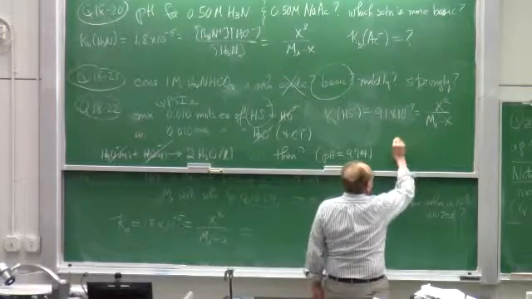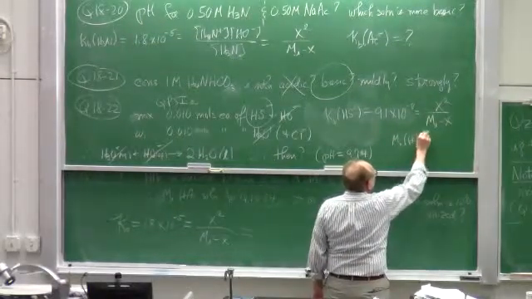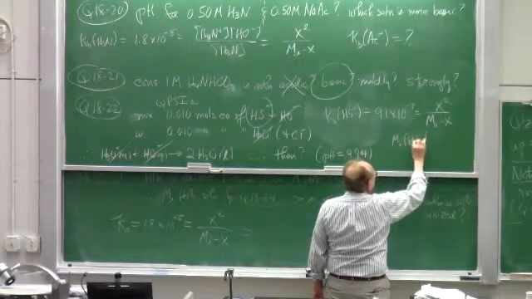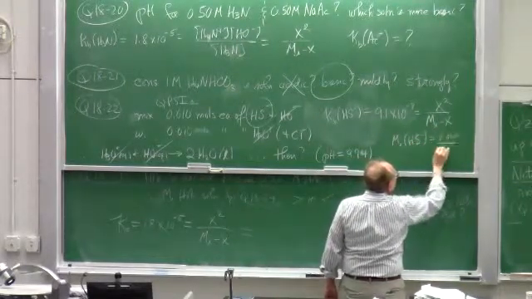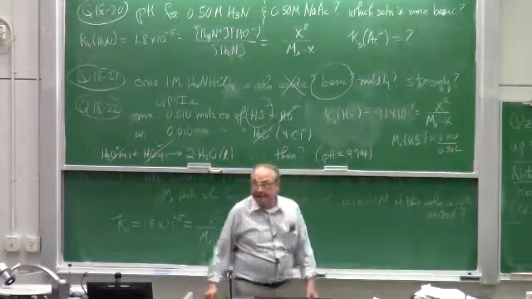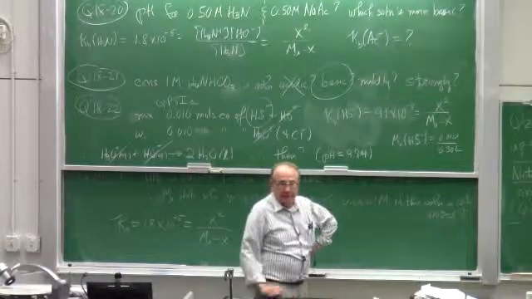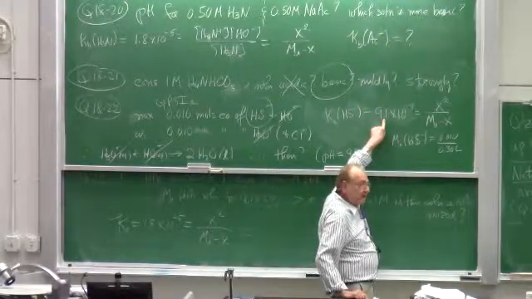So, M sub I, HS minus, for this system is really tough arithmetic. And this KB value is tiny.